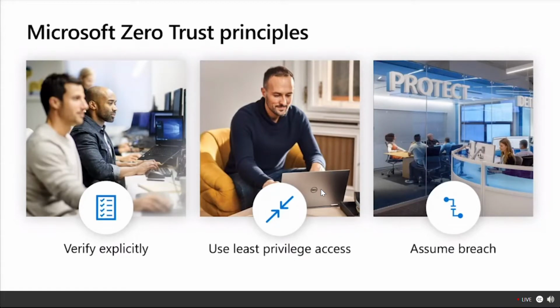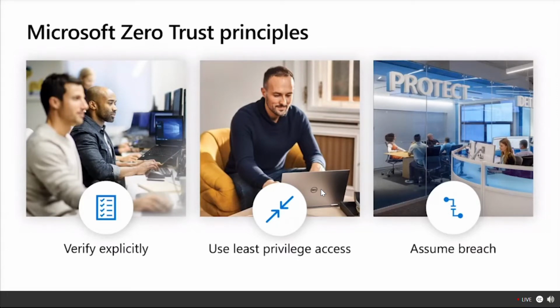For new principles, we want to verify explicitly, always authenticating and authorizing based on available data points. This includes user identity, location, device health, data classification, and anomalies. The second concept within Microsoft Zero Trust principles is using least privilege access.